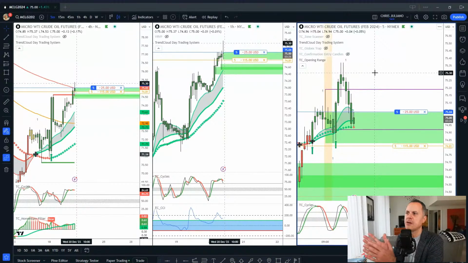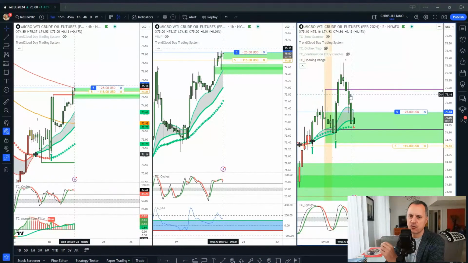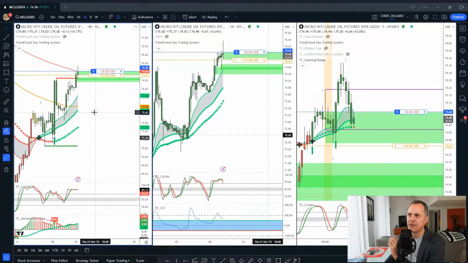So you can see here, having a mapping system and understanding the data on your chart is so important when you're applying any kind of strategy. Because if you can't read the price action and you don't understand what's going on, is this a corrective phase? Is it an impulse phase?